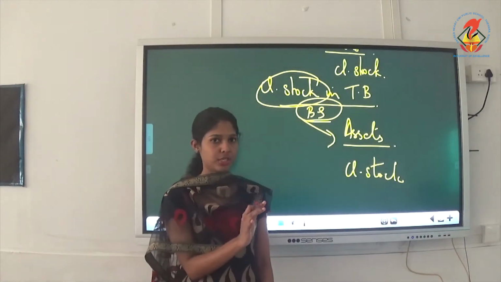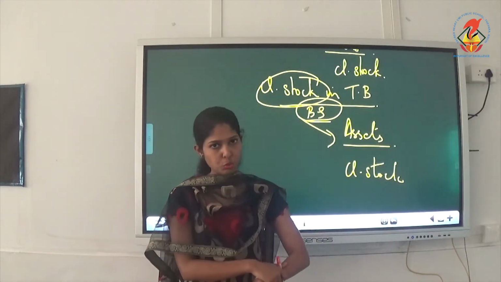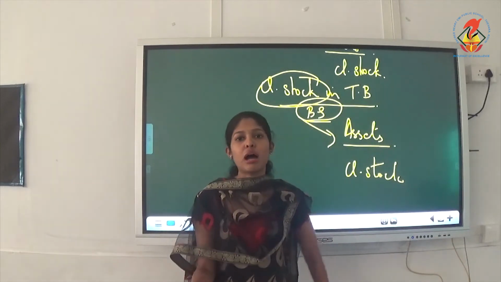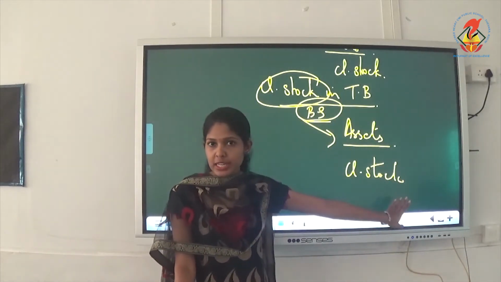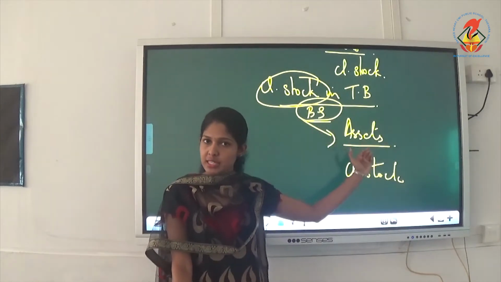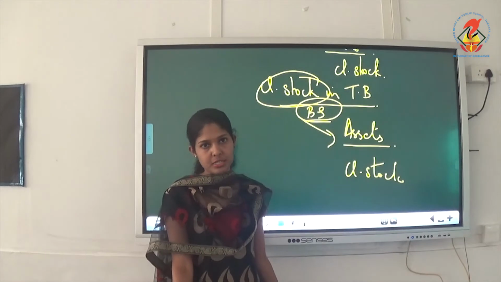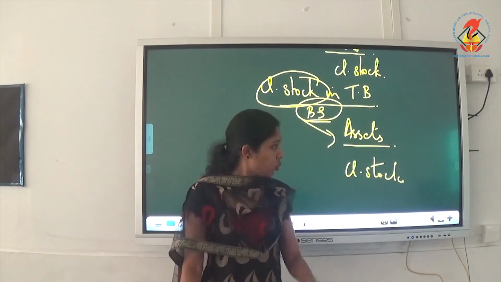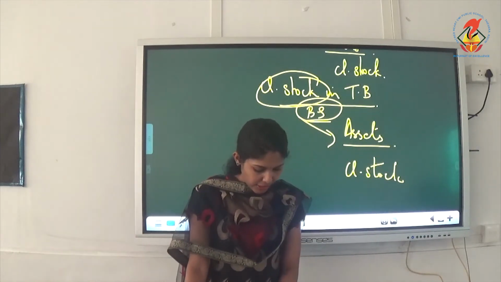If it is given as an adjustment, you have to record it 2 times. Otherwise, look into the nature of the item and record accordingly. If it is an asset, it will be recorded only on the asset side. If the basic nature is a liability, it will be recorded only on the liability side. Understood? So you have to write that also. You give this heading and write like this when it appears inside the trial balance.